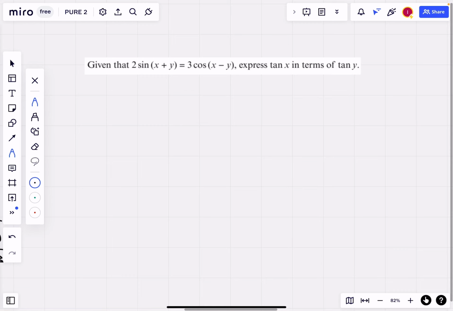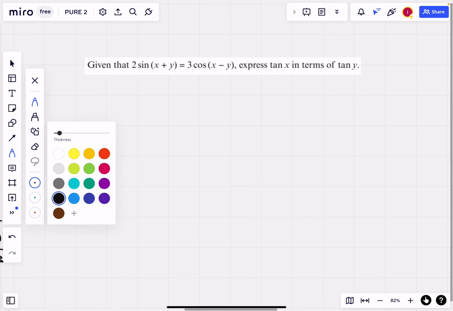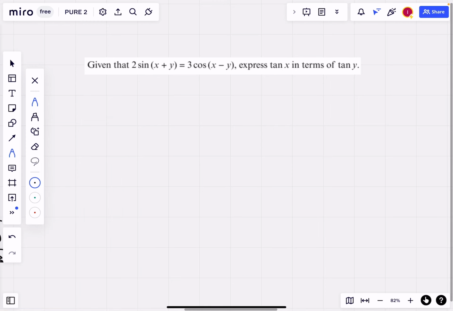Given that 2 sine x plus y is equal to 3 cos x minus y. In this case, you want to use the addition formula for both cos and for sine. Because there's a 2 in front, I'm going to use a square bracket. And when I expand, I get this.